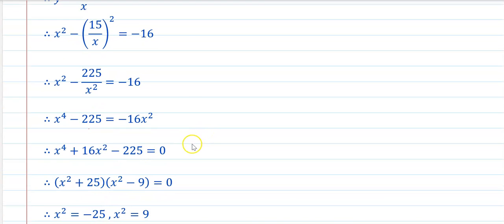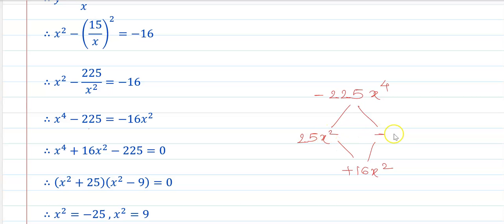Okay. Now this is the quadratic equation. But what are its factors? That is first you will get minus product of the first term and the last term: minus 225 into x raised to 4. Okay. And here the middle term is plus 16 x square. And therefore the factors are 25 x square and minus 9 x square.